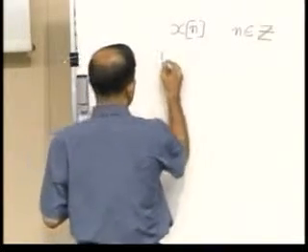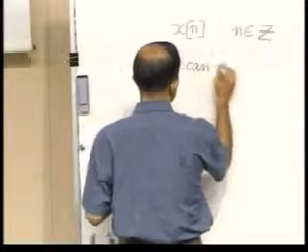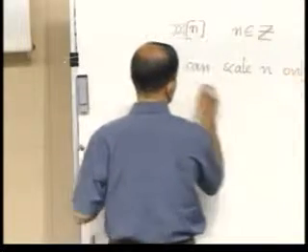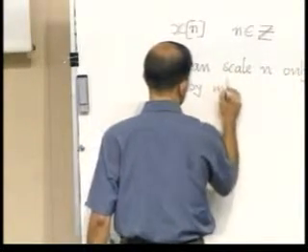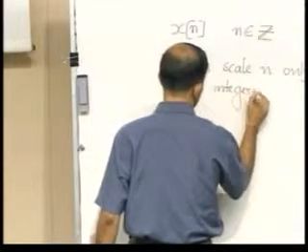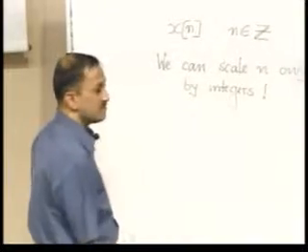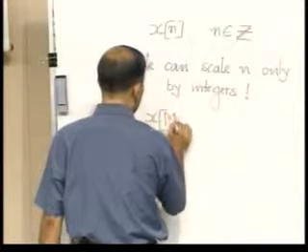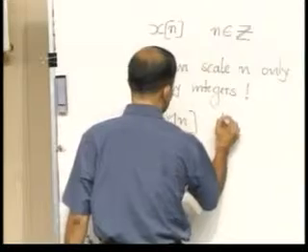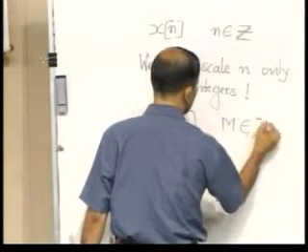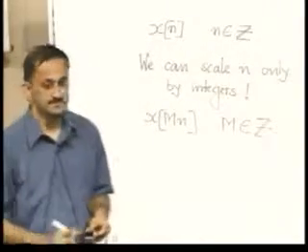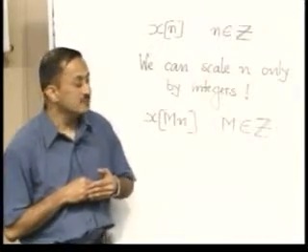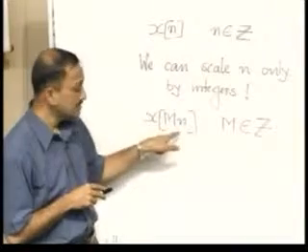So, we can only consider sequences of the form x of M n, where M is also in Z, a set of integers.